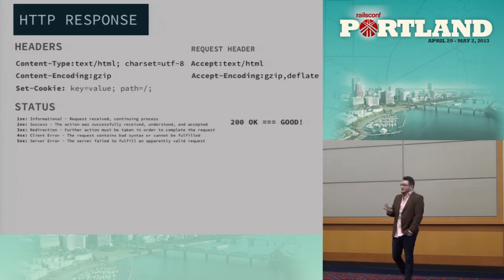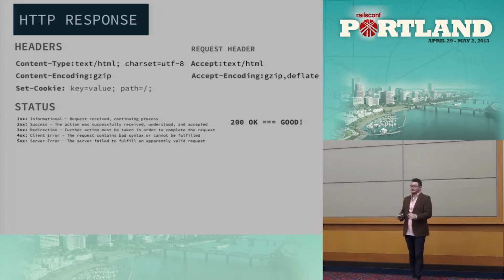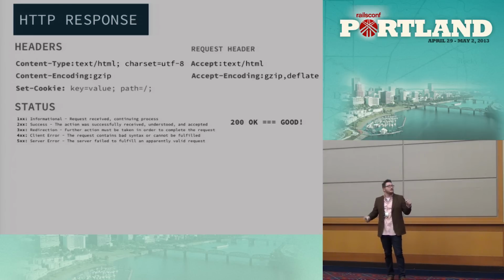Another thing that comes back with the response is a status code. These are things that you probably have seen, and people really notice 200s, which is great. It means that everything worked perfectly well.